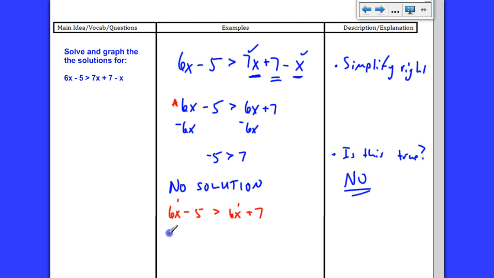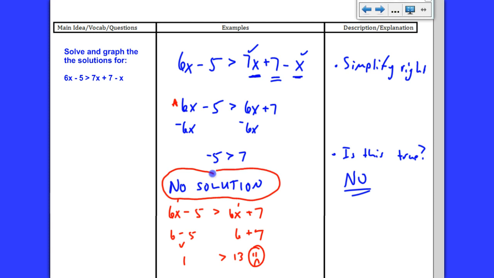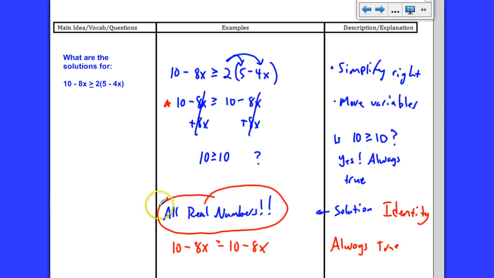It would be 6 minus 5, and 6 plus 7, and you'd have 1 is greater than 13. Is that true? Absolutely not. It's never going to happen. So the answer is no solution. If the variable disappears and you have a false statement, it's no solution. Unlike the previous question, if the variable disappears and you have a true statement, it'll be always true.